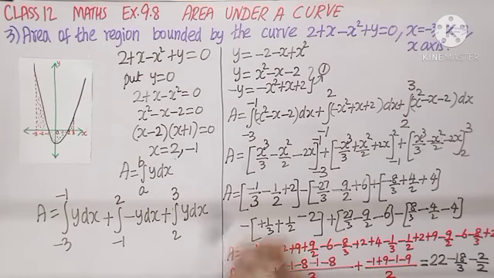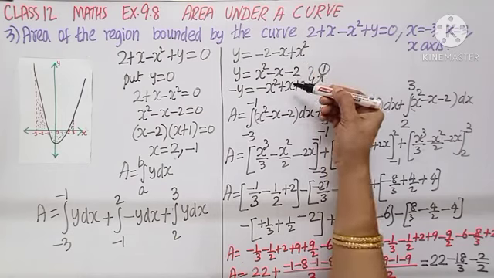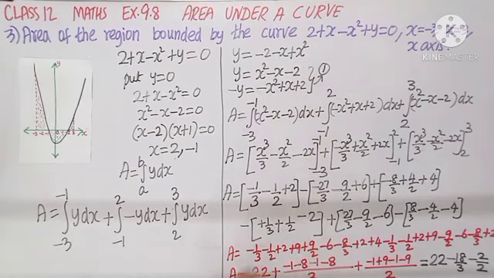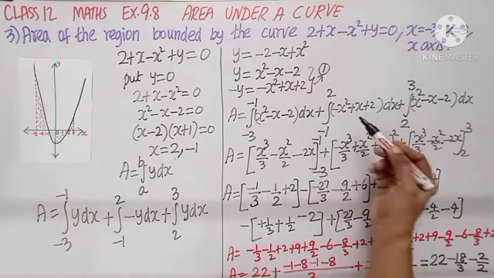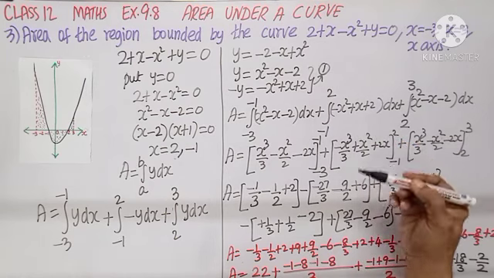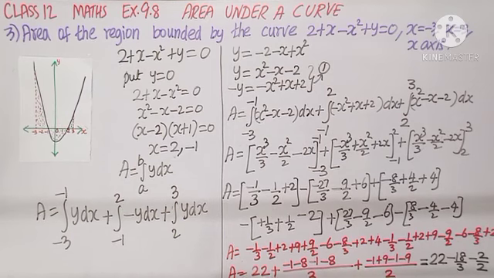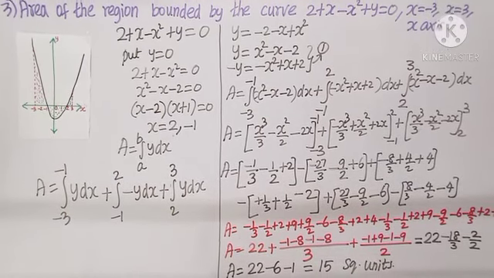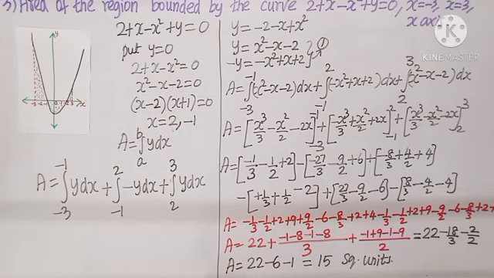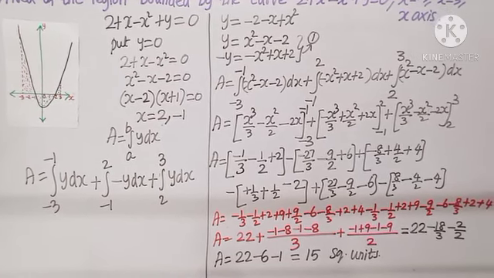What is y? From the equation we rewrote, get what is y and minus y. Substituting and integrating, put upper limit minus lower limit. You need to calculate very slowly and accurately to get area equals 15 square units, and that is the answer.